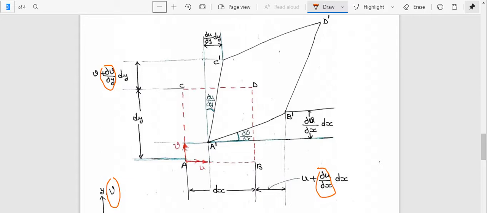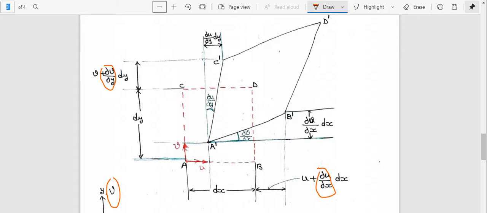Observe the lines AB and AC. We see that point B moves upward an amount of ∂v/∂x times dx, so it is lifted along the y direction.